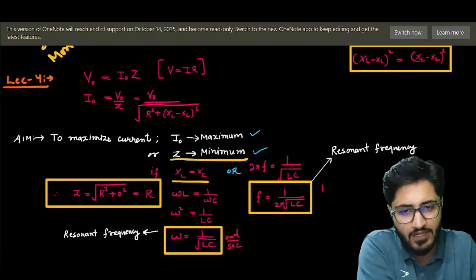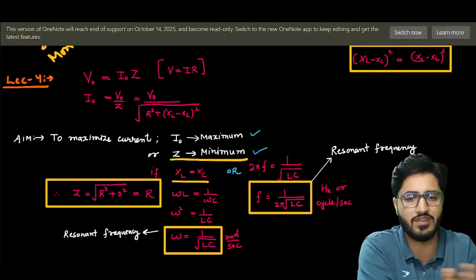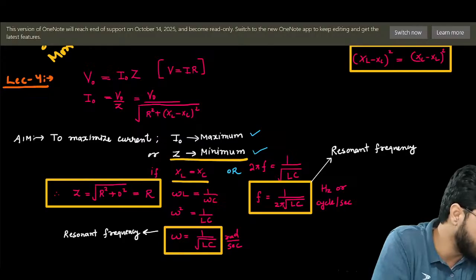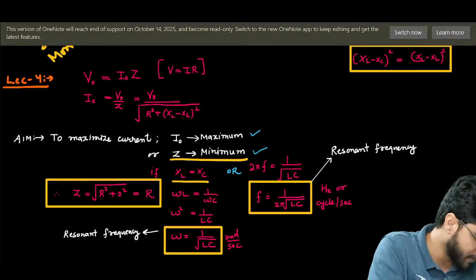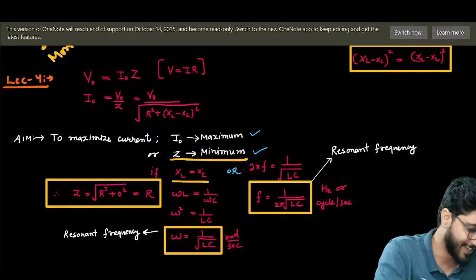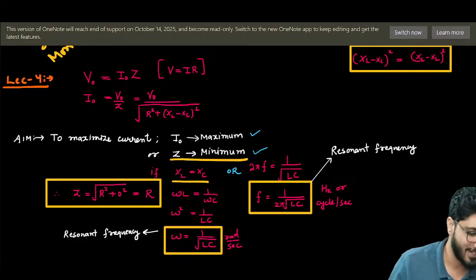If it is given in hertz, or cycles per second, we can use the frequency f. Easy? In today's lecture, I improved my handwriting and I am writing slowly so that you can take maximum notes from my class.